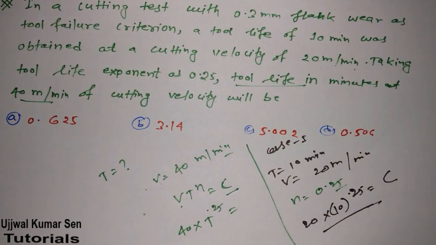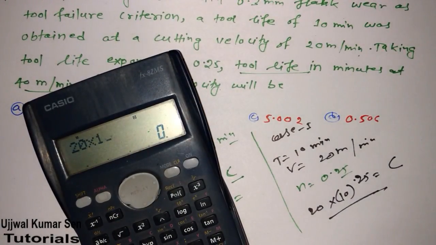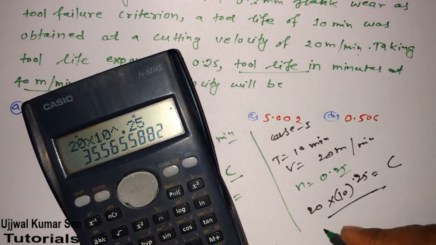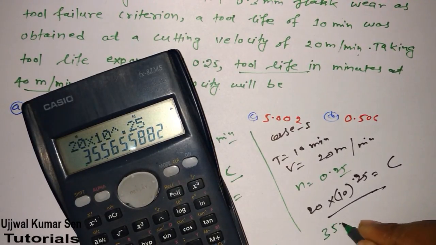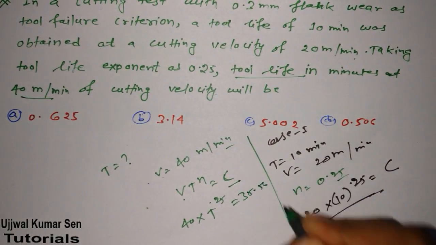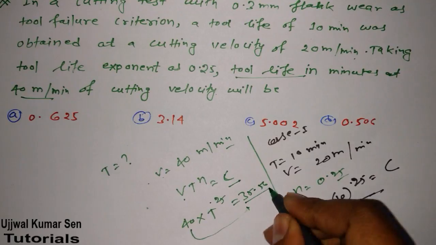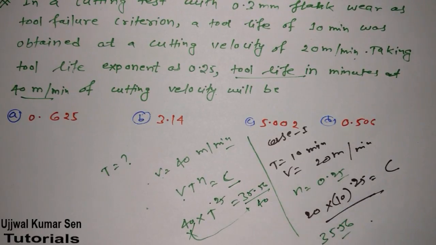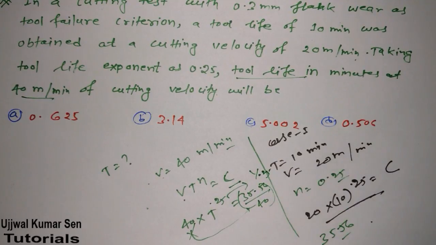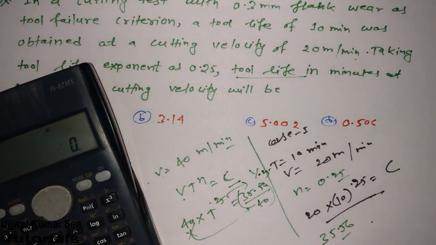So we require a calculator. 20 multiplied by 10 to the power 0.25 gives 35.56. So the value of C is 35.56. What I will do, I will send this power to the other side as 1 by 0.25. Calculator again useful.